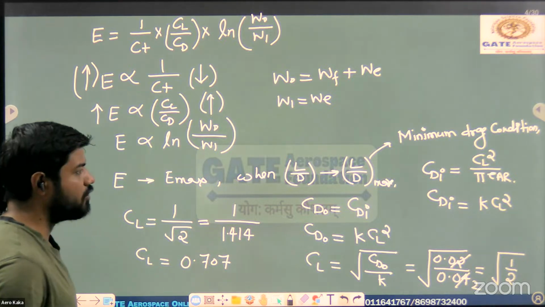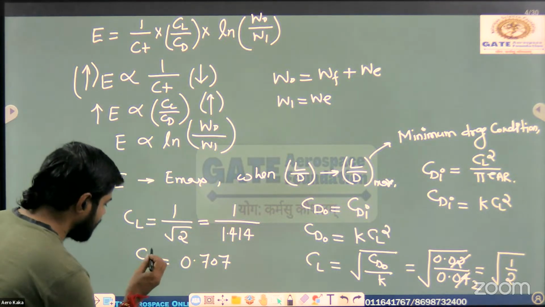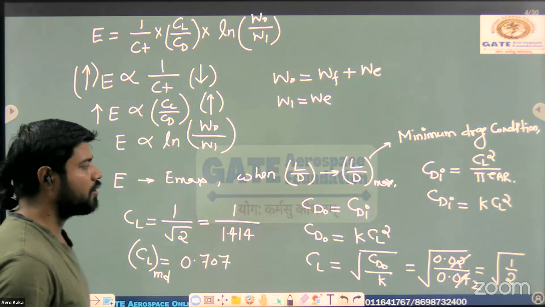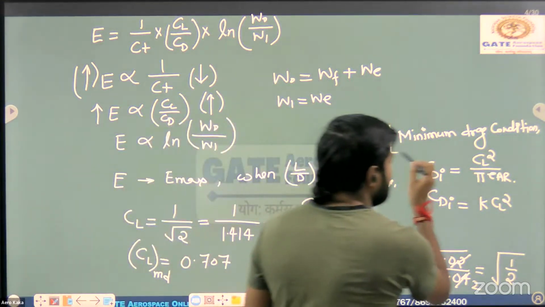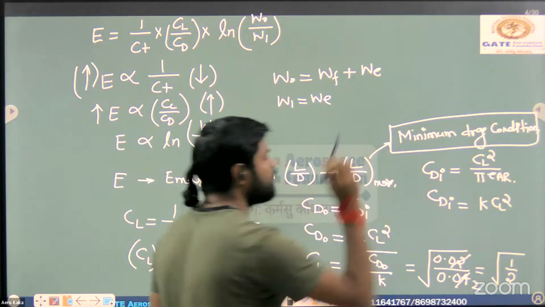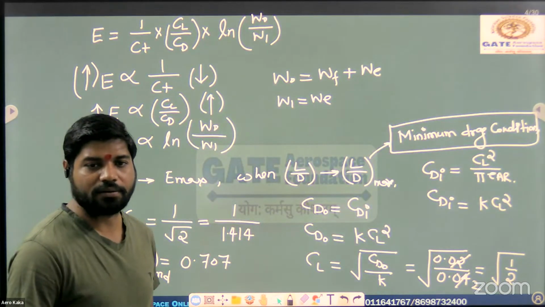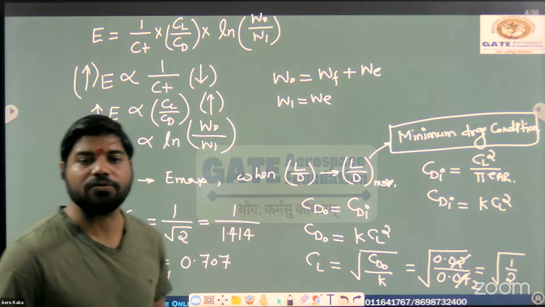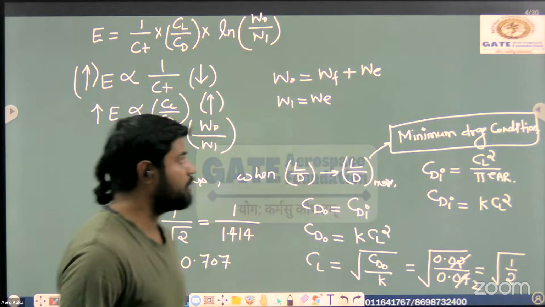Once you get the value of CL, this value corresponds to the minimum drag condition. Agree? Check. Now, once you get the value of CL and D, it's very easy to calculate the speed of this aircraft.